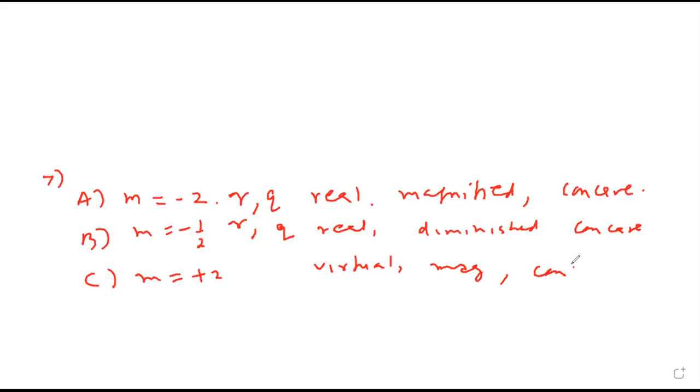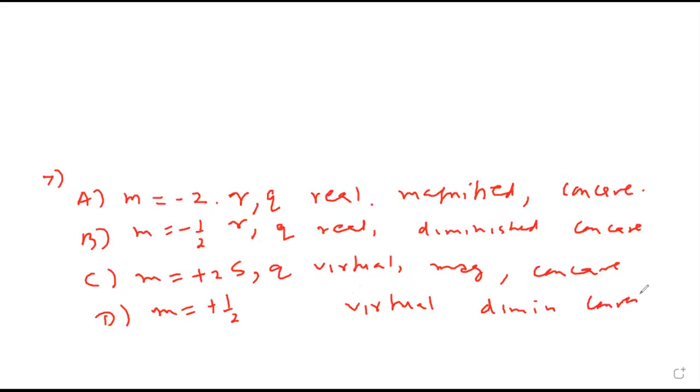Virtual magnified is only by concave. So virtual is given as option S and concave mirror is option Q. S and Q. D, M is +1/2. That means it is virtual and diminished. That means it is a convex mirror. So virtual is S, convex mirror is P.